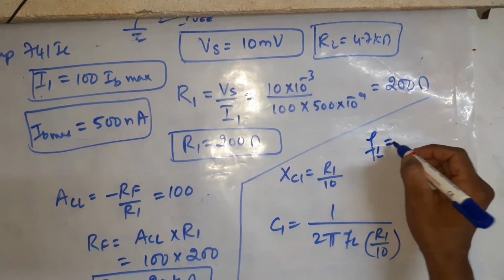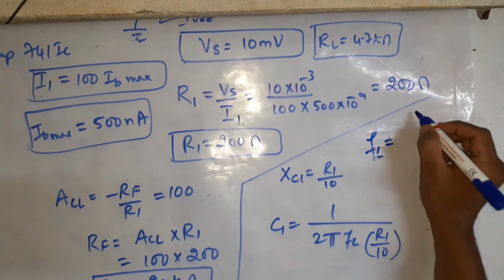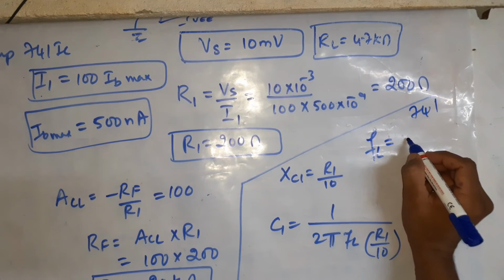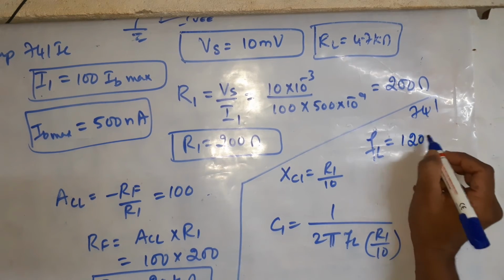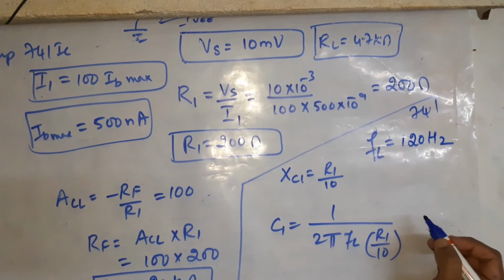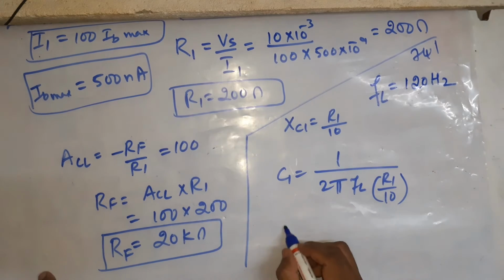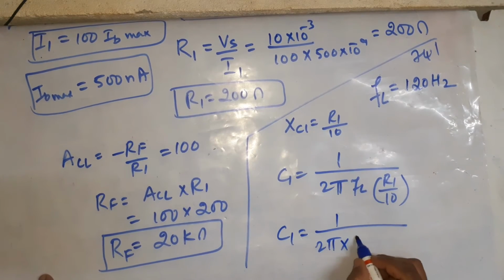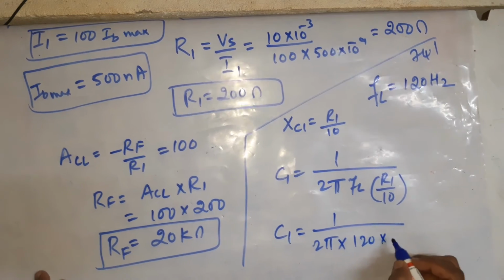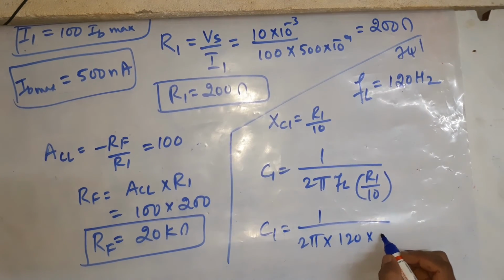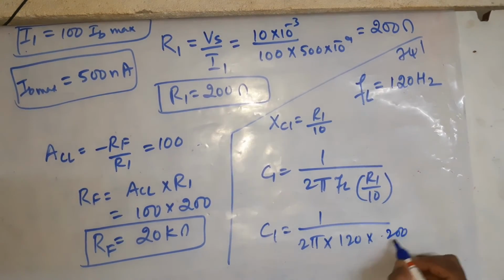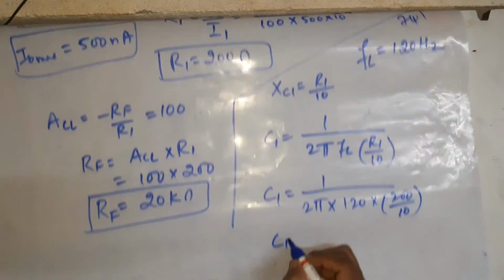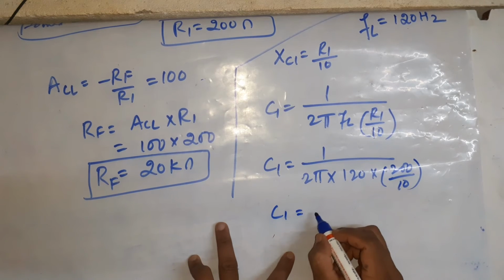FL is the lower cutoff frequency. For 741 op-amp IC, you need to assume this as 120 Hertz. Therefore C1 is equal to 1 over 2 pi into 120 into R1 by 10, that is 200 by 10.